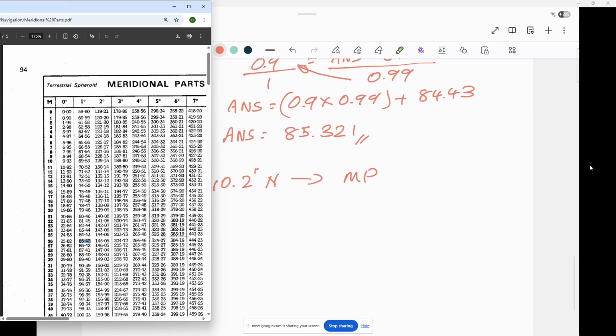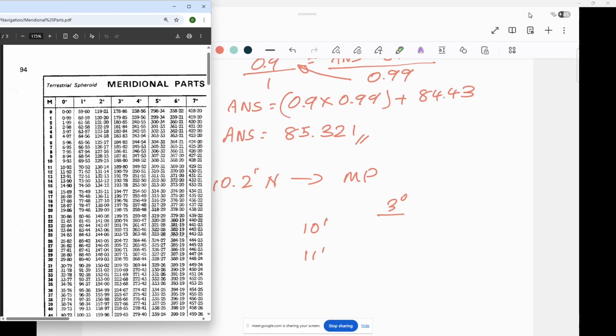So let's write down 3 degrees. Under 3 degrees, you can see it is coming between 10 and 11 because we need to find out 10.2. So I will write down 10 here and 11 here. These are minutes, not degrees.